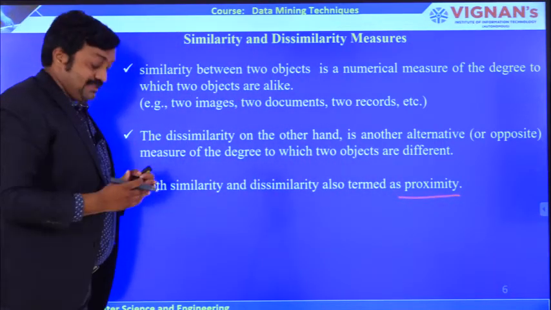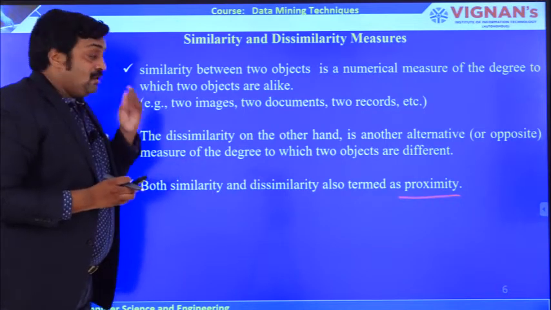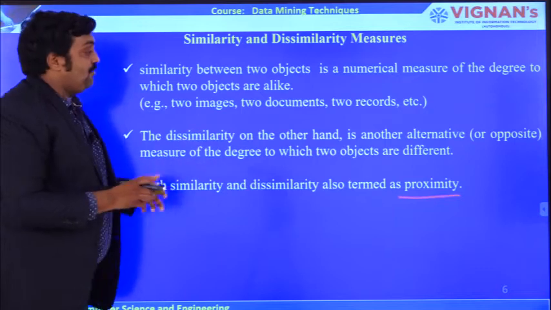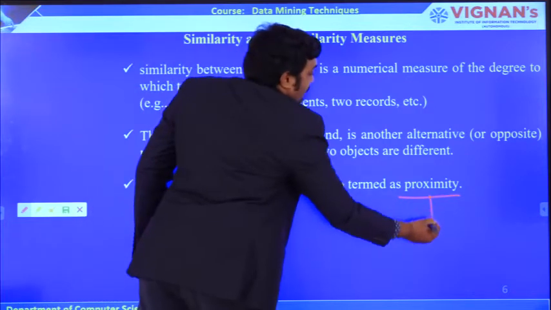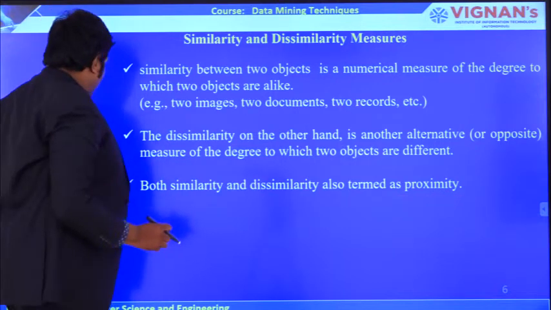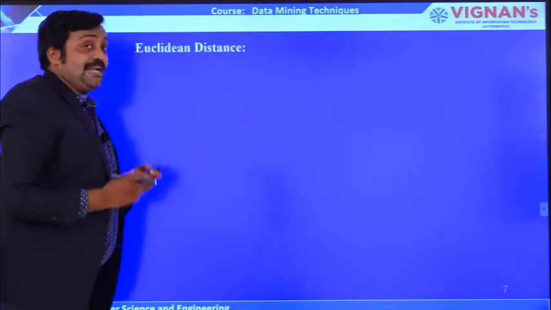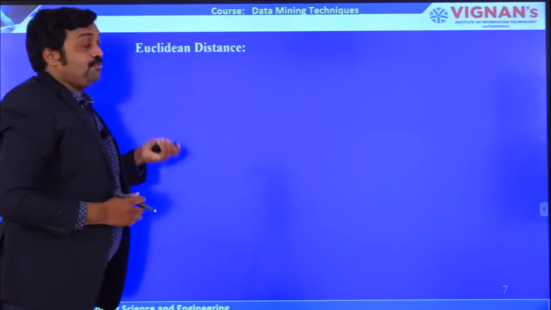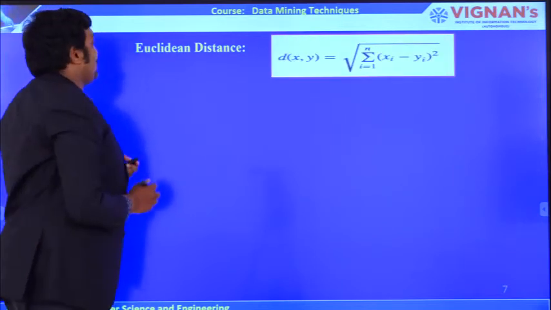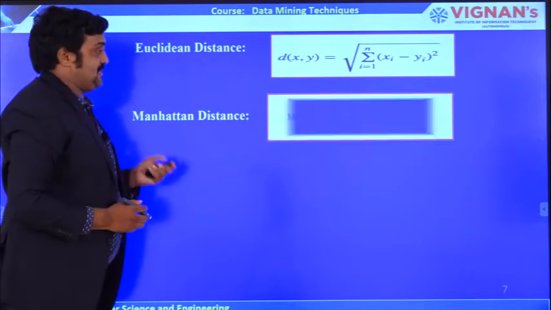These are called proximity measurements: similarity and dissimilarity proximity. To calculate the proximity between two objects or two attributes, we use similarity proximity and dissimilarity proximity. How do we measure it? As we already know from childhood, there are two well-known formulas, Euclidean distance and Manhattan distance.